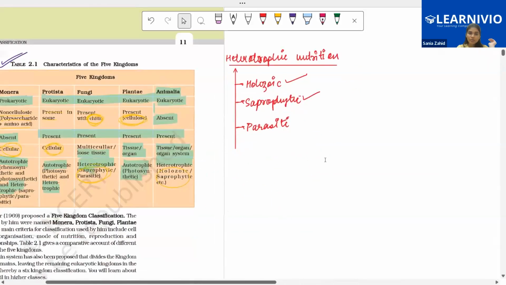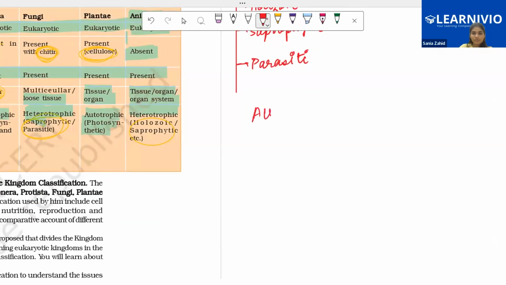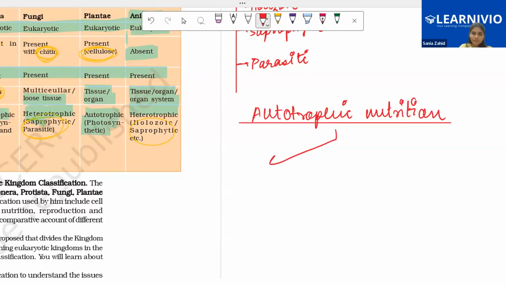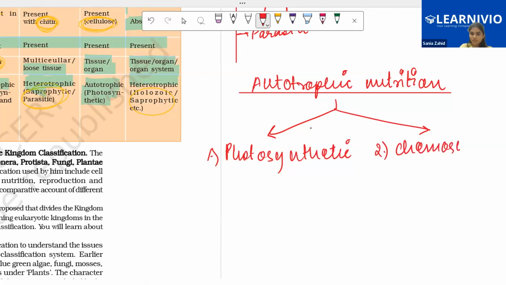Similarly, autotrophic nutrition is also of two kinds. They can either be photosynthetic or chemosynthetic.